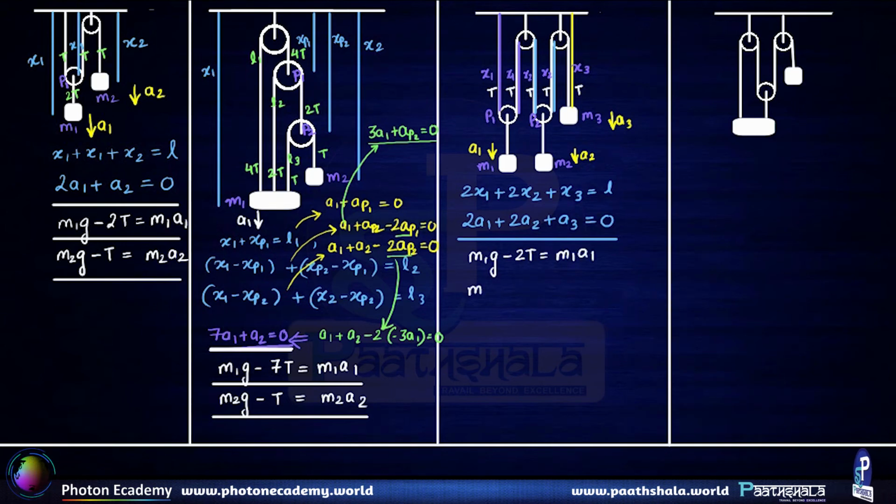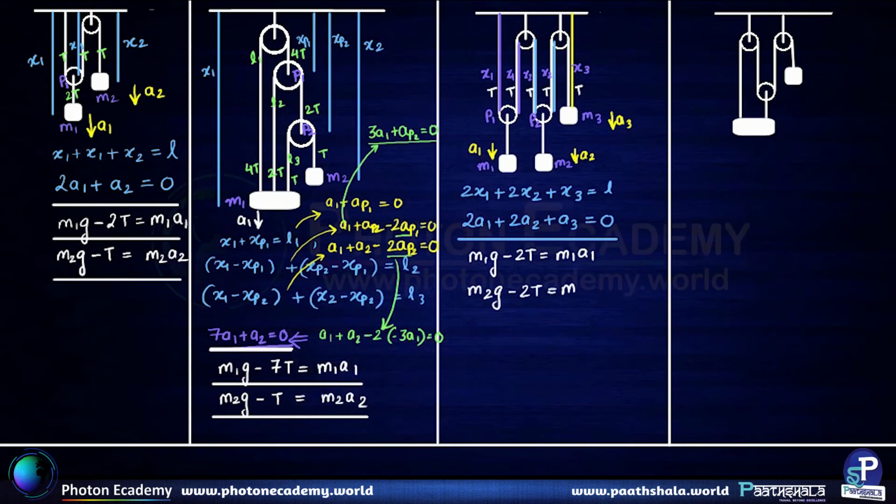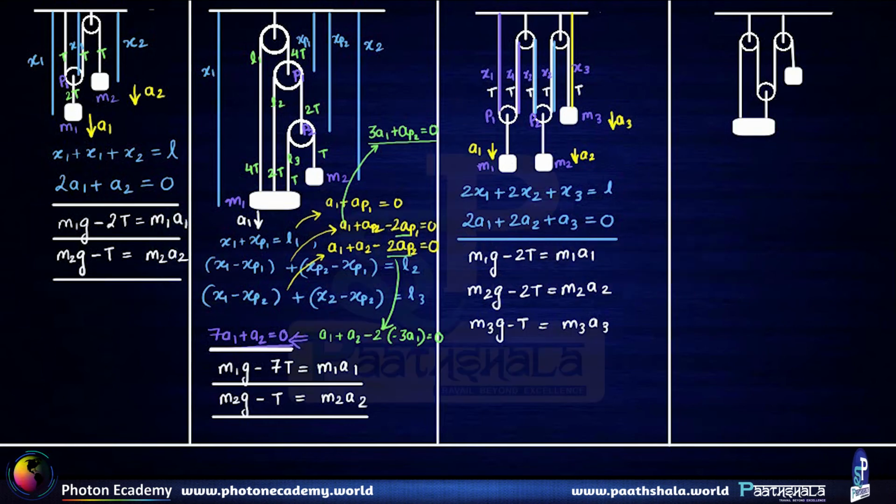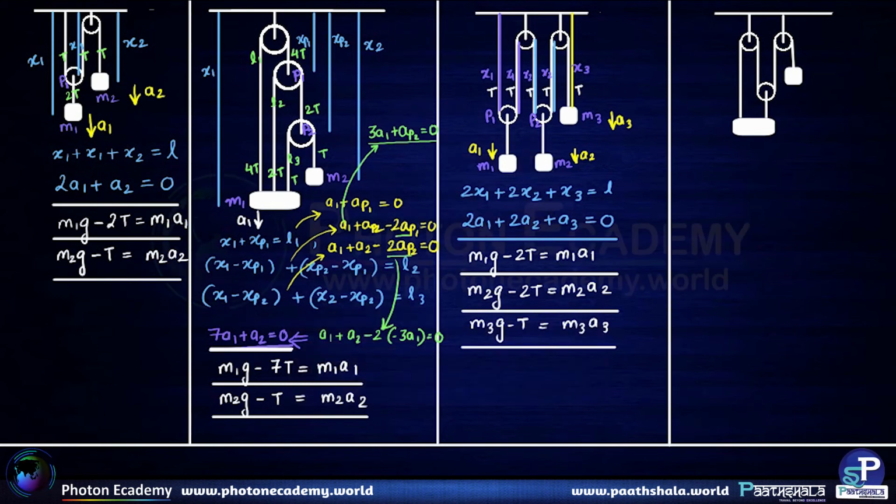For m2 we can write m2g minus 2T is equal to m2a2. And for m3 we can write m3g minus T is equal to m3a3. So these are the equations which will give us the constraint motion relationship as well as the Newtonian force dynamical equations, which will give us the solution to the given particular question.